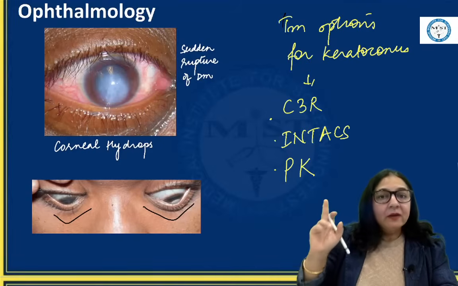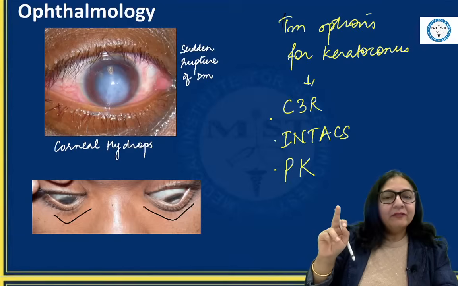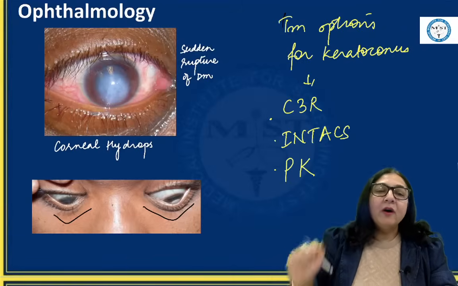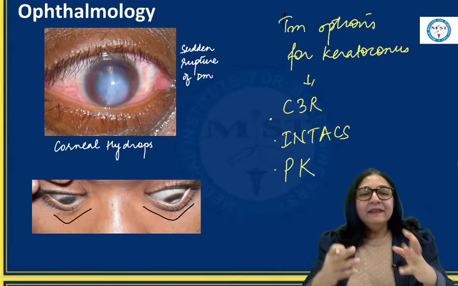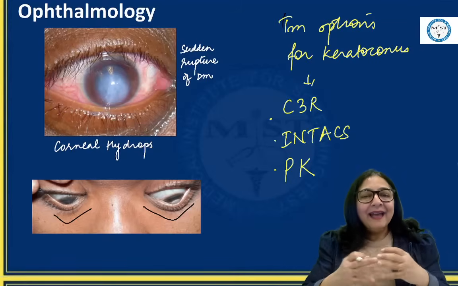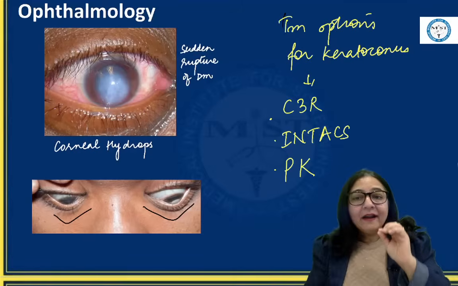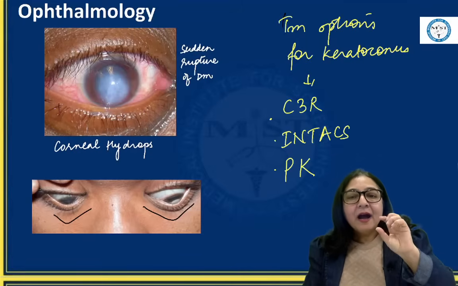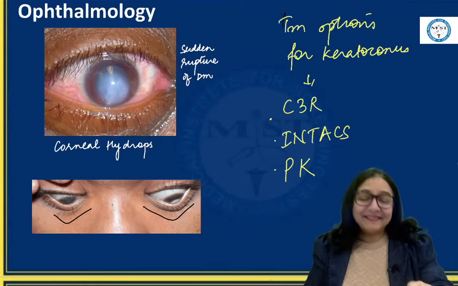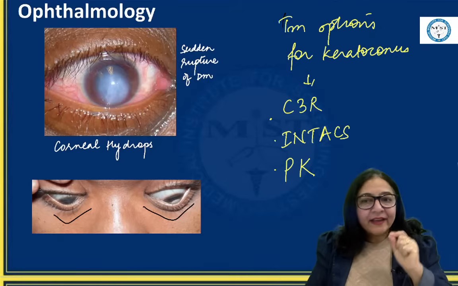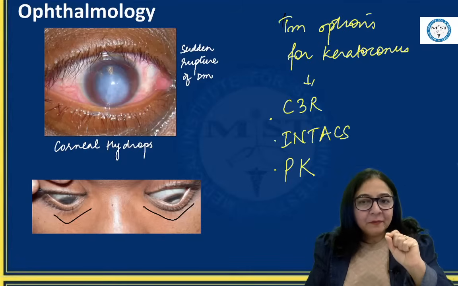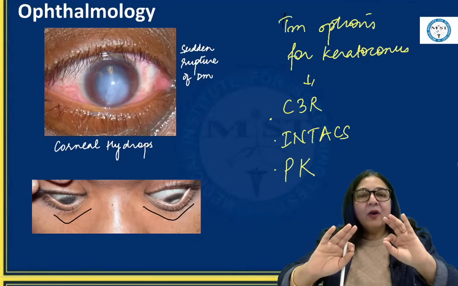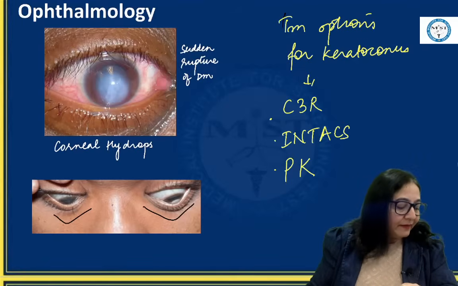Okay, and just an additional piece of information here: when there is an acute episode of corneal hydrops, what do we do? In these cases, we can inject intracameral, that means into the anterior chamber, a bubble of gas. We can inject an air bubble or gas bubble so that the hydrated cornea becomes dehydrated.